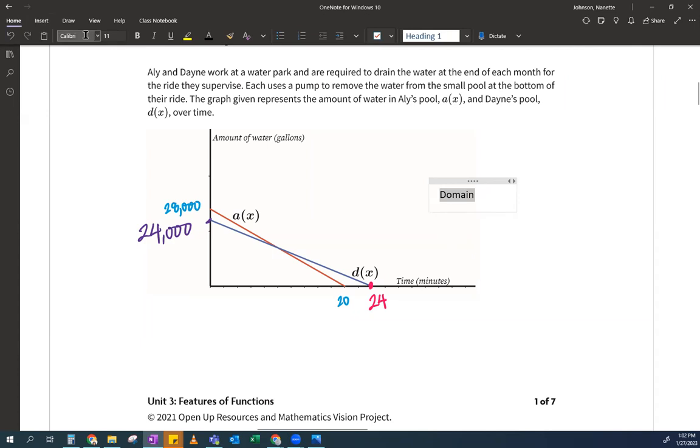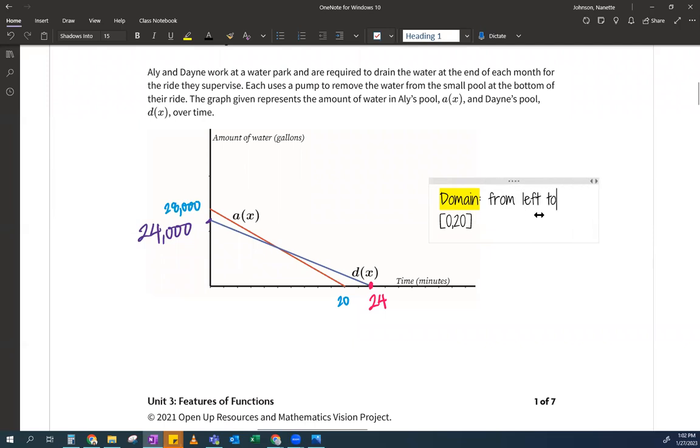How do I look for a domain? What's the domain for a of x? Someone said the domain is from 0 to 20. Now, I'm just going to say, for your quiz that I just graded, a lot of you don't know what domain is. So when you're looking for domain, this is what you're looking for.